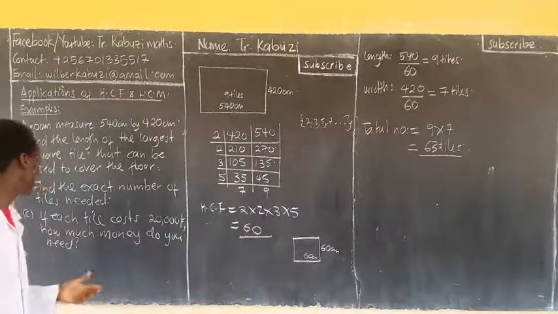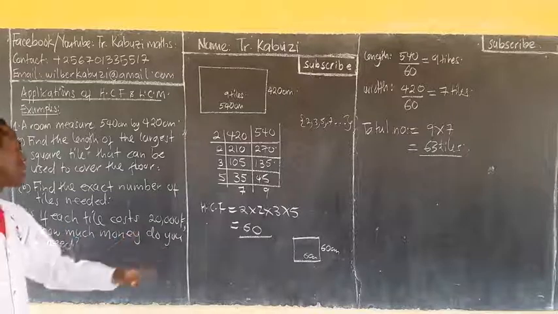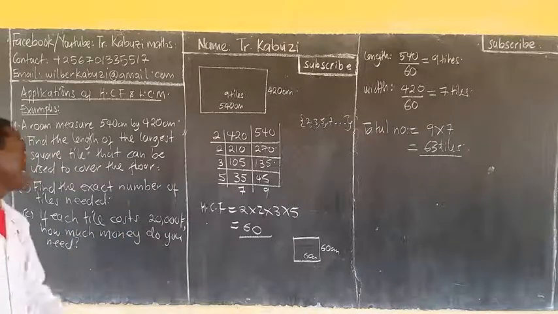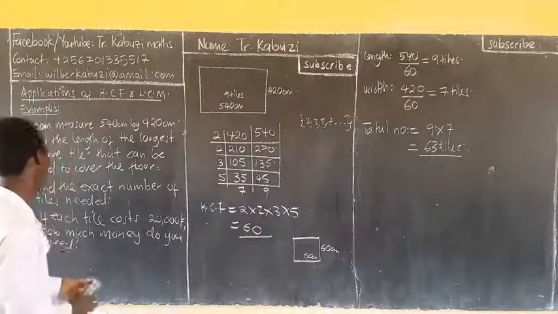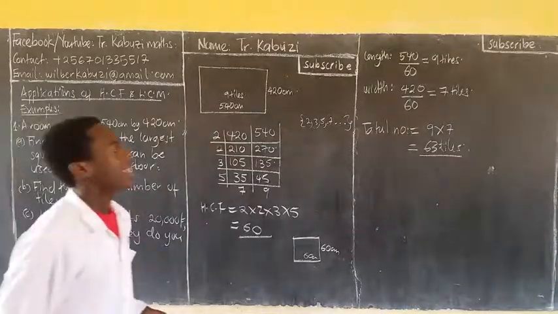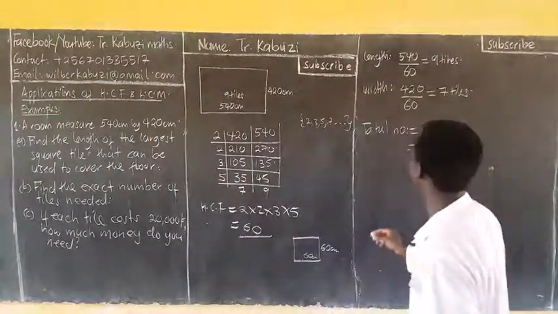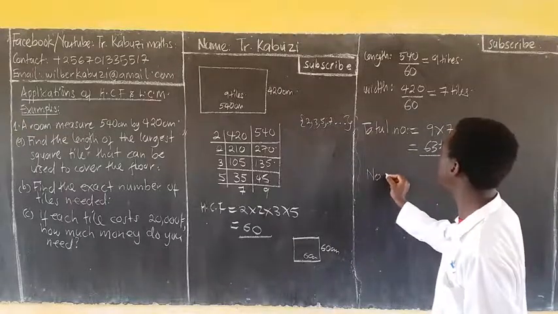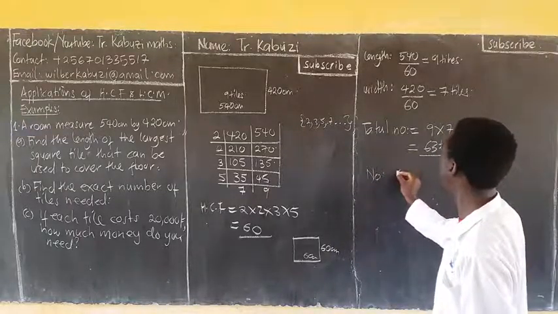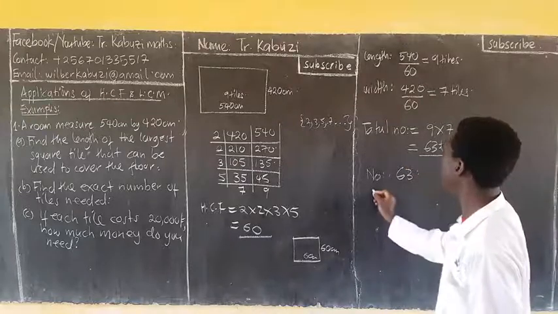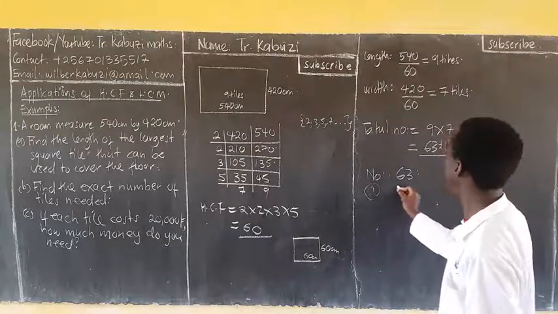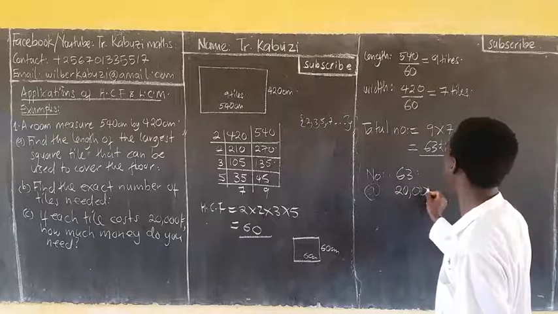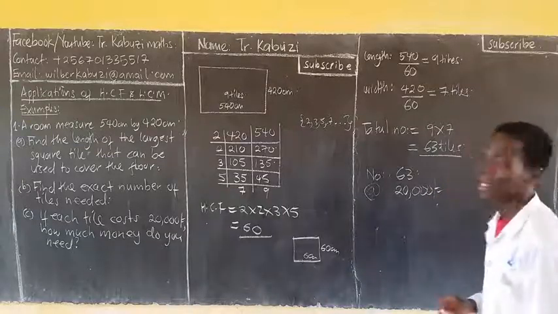Now, they also ask you, if each tile costs 20,000, how much money do you need? Now, all we do, we know that the number of tiles we need is 63. But each tile is 20,000 shillings.